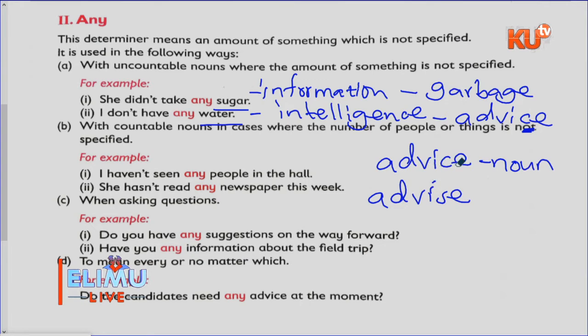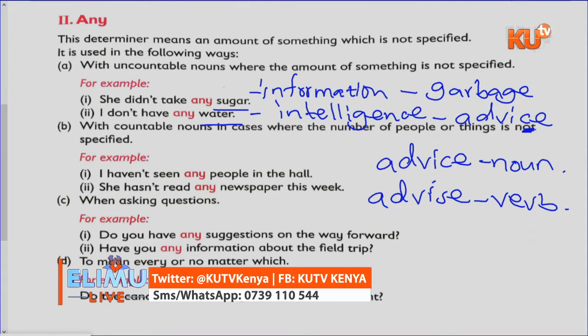When you get to high school, you will learn why the difference in pronunciation. Second, with countable nouns, in cases where the number of people or things is not specified.